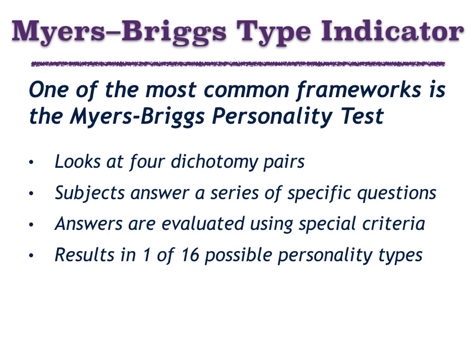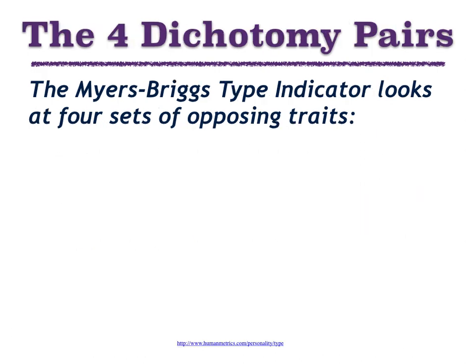So the Myers-Briggs type indicator looks at 4 dichotomy pairs or 4 sets of extreme characteristics or traits. And you evaluate these by answering a series of questions. They go through this algorithm and result in one of 16 possible personality stereotypes or archetypes.